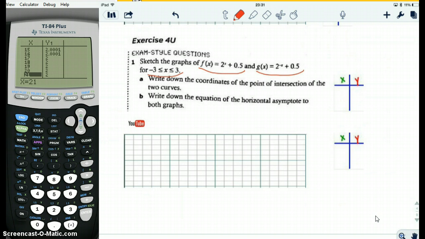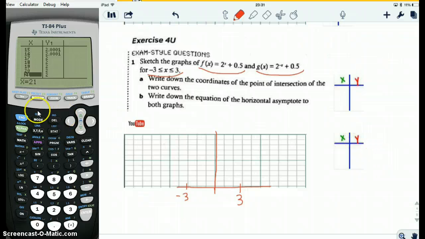So let's see. Let's draw our x and y axis. And so we're going to graph it between negative 3 and 3. Write down the coordinates of the point of intersection of the two curves.